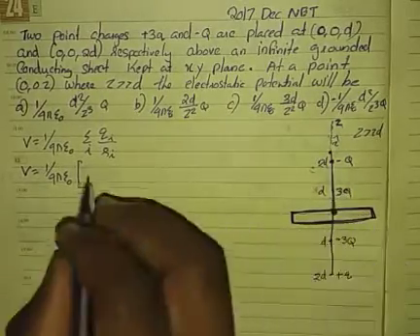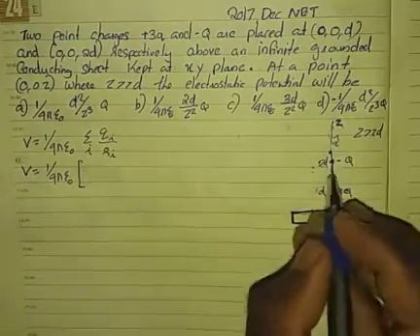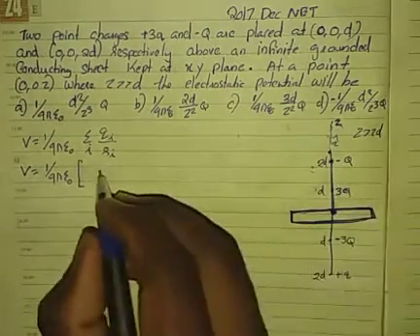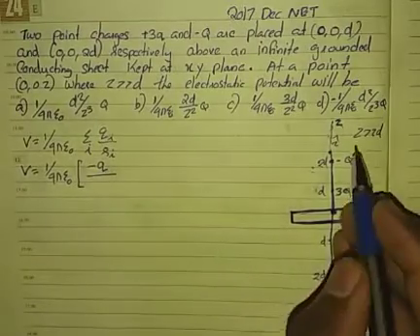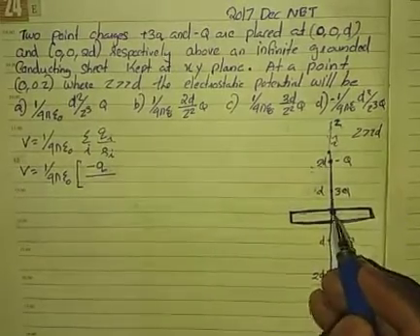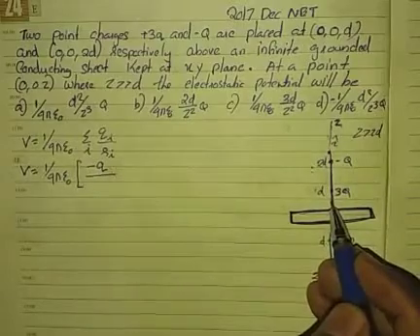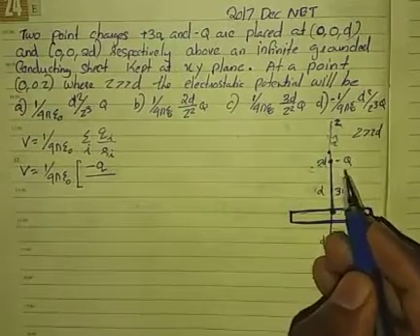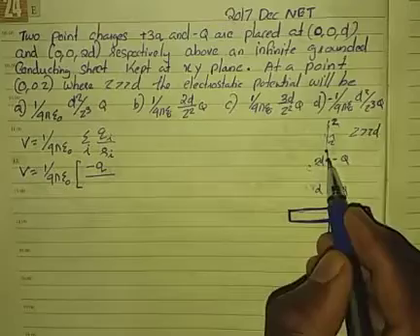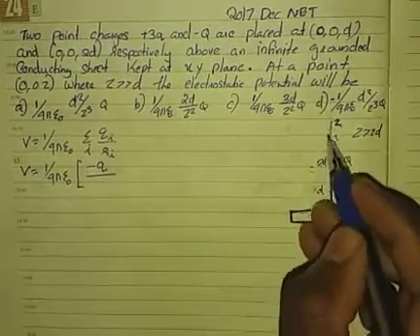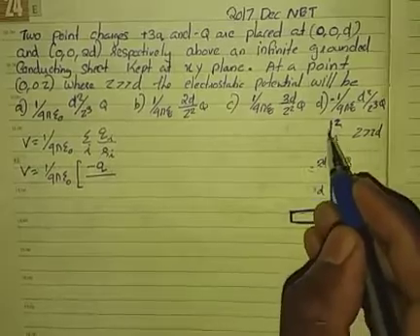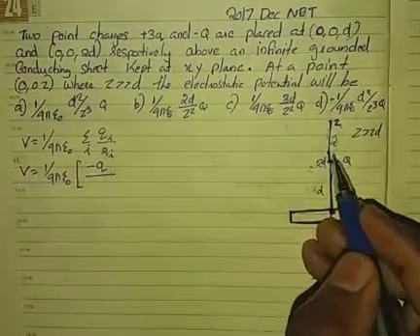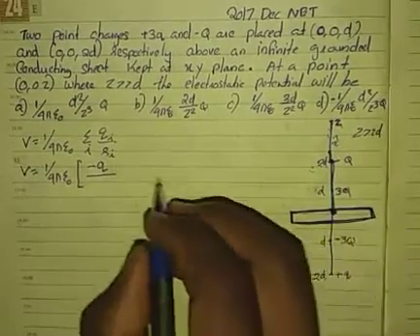The first charge, which is minus Q, is at a distance from 0 to z, which is actually z minus 2D, because this is 2D and this whole length is z. So the distance from which the charge is situated will be z minus 2D.